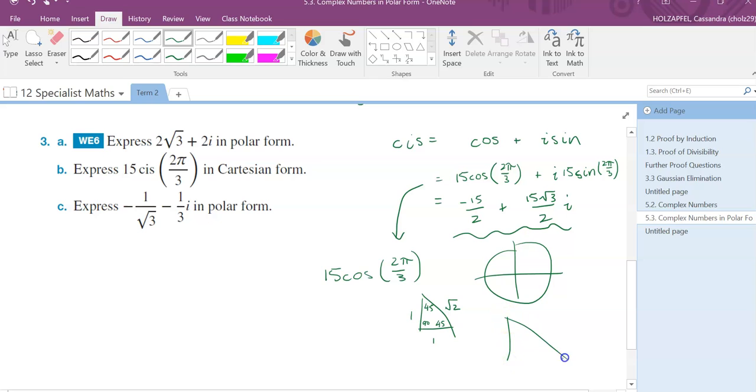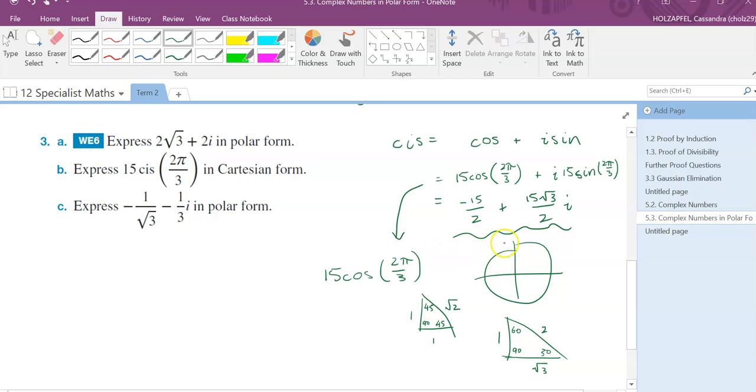The other is the 30, 60, 90 triangle, the one with the root 3. I'm trying to remember which side goes where. Either way, special triangles. I think it's a lot easier just to chuck it in your calculator if you have the option.